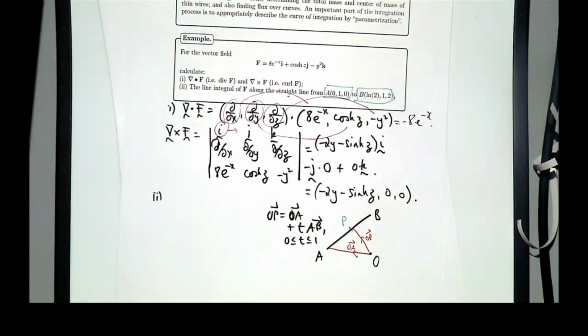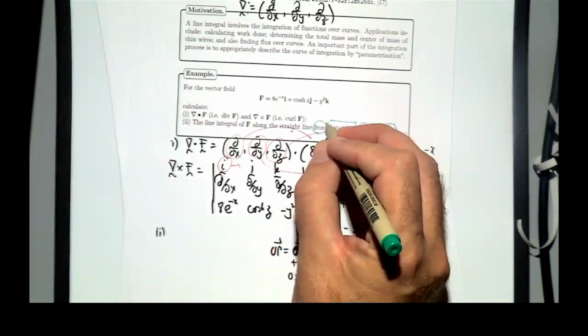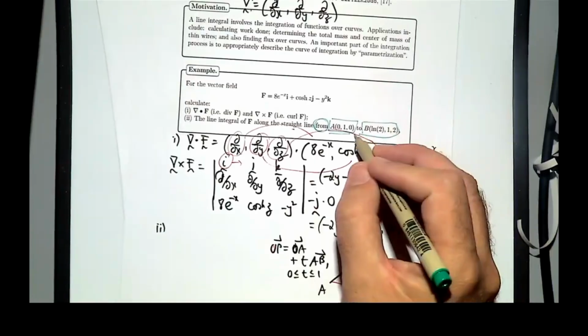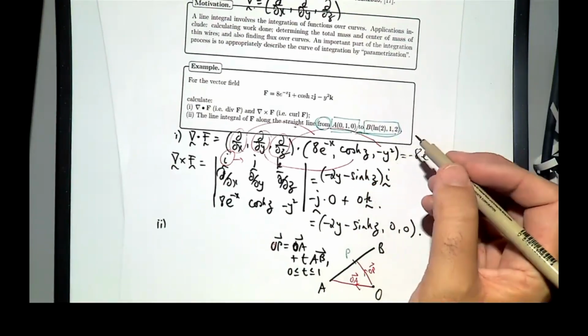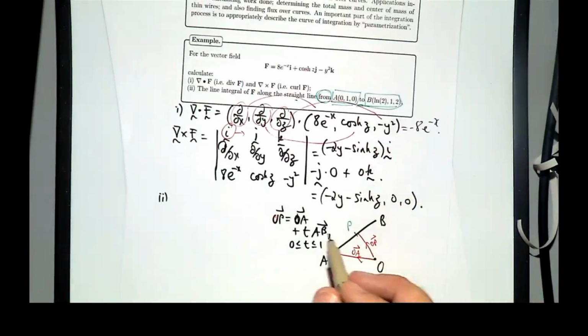Okay, now let's check that the orientation or the direction's right. Okay, we want to go from this point to this point. Okay, so when t equals 0, we get there, right? Because it's just OP, this thing just disappears, right?